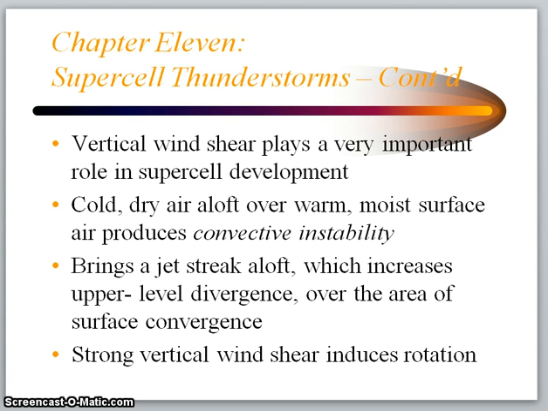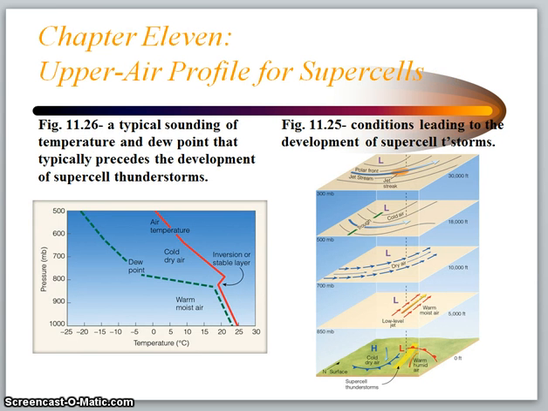If you have a jet streak or a very strong core of the jet stream aloft right over this convective instability, that increases upper level divergence over the area where surface convergence is developing, and that can often lead to explosive thunderstorm development. The strong vertical wind shear that I mentioned earlier induces counterclockwise rotation in this column of air.